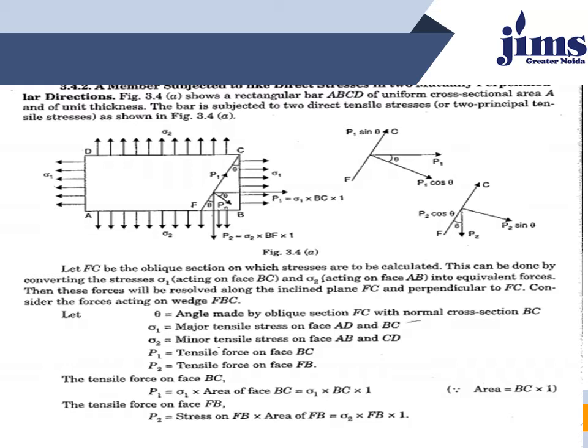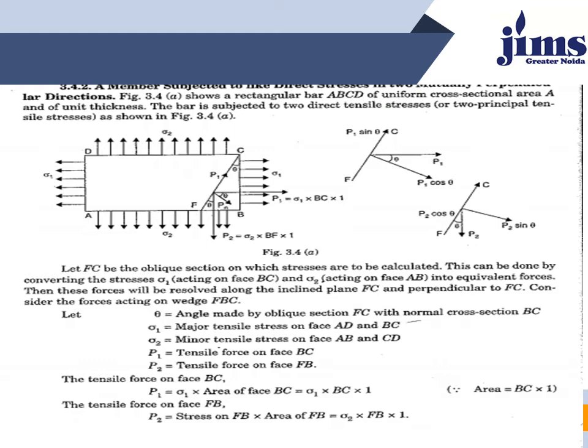This is sigma 1. This is sigma 2. Sigma 1 is acting in the x direction, and sigma 2 is acting in the y direction. Let FC be the oblique section on which stresses are to be calculated.